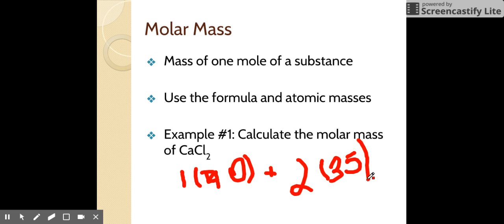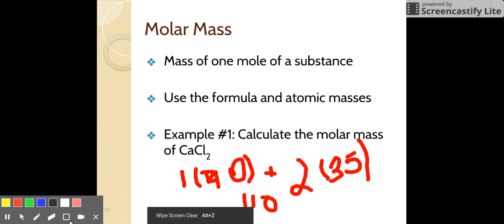When I do my math, I'm going to get 110 grams. So that means that if I have you go get me 1 mole of calcium chloride, you're going to go get me 110 grams of calcium chloride.